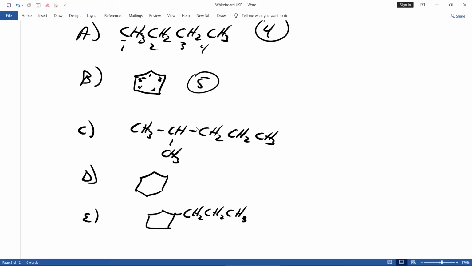And for C, D, and E, how many carbon atoms are in each molecule? 3 points each.